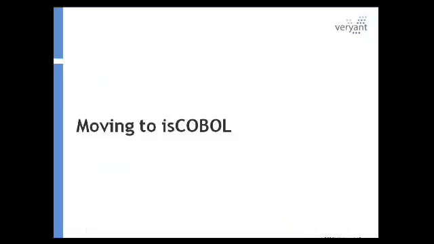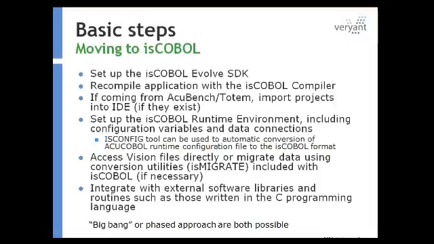Our next slide asks, how do you move your application development to Variant's acucobol? This slide is a summary of the areas you will need to address when moving to acucobol or any other COBOL platform. Basic steps are: install your acucobol Evolved Software Development Kit, recompile your application with the acucobol compiler.